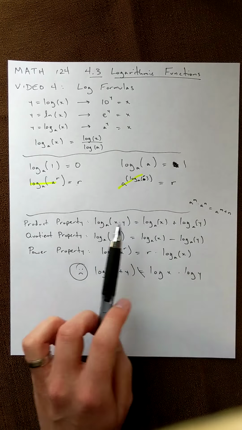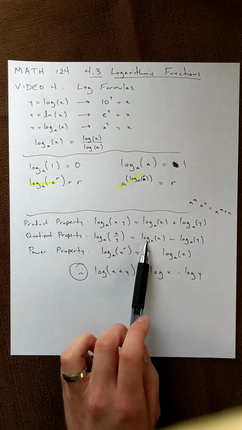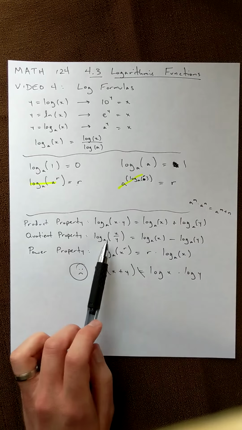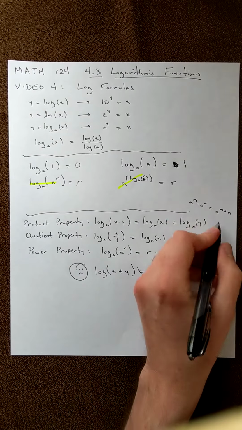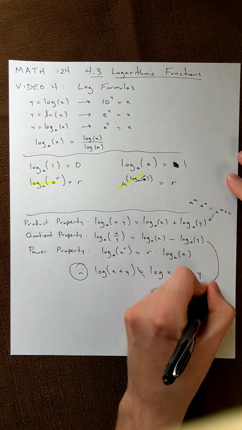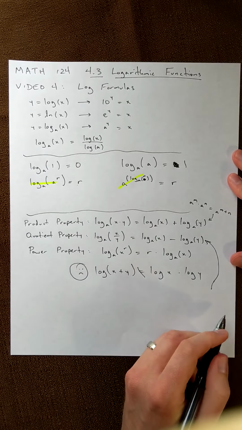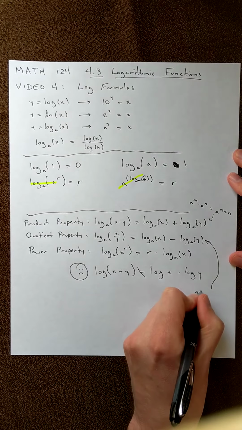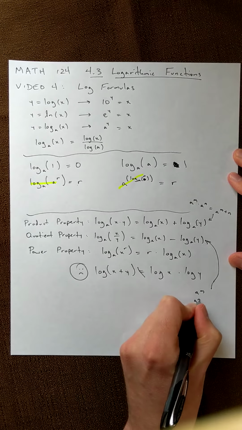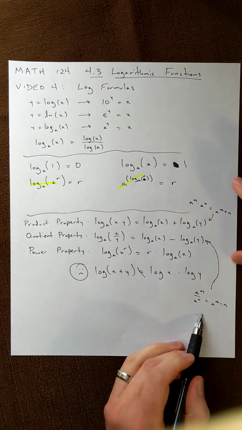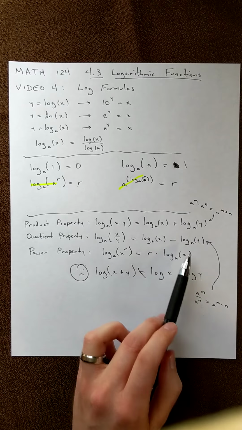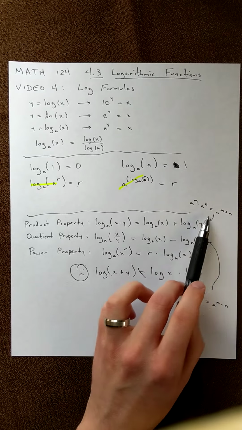Log plus log, multiply the insides. Log minus log, you end up dividing the insides. And again, this is kind of associated with a rule of exponents that we've seen before. Specifically, the one with a quotient and a subtraction was this one. So these two rules are somehow related, same way these two rules are somehow related.